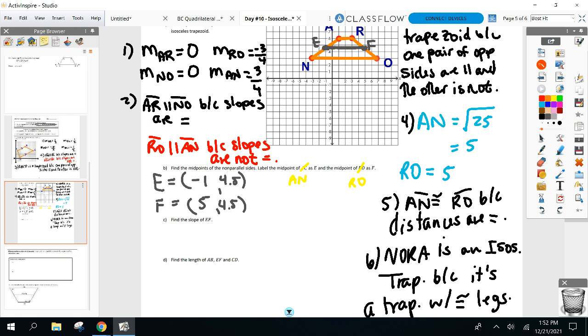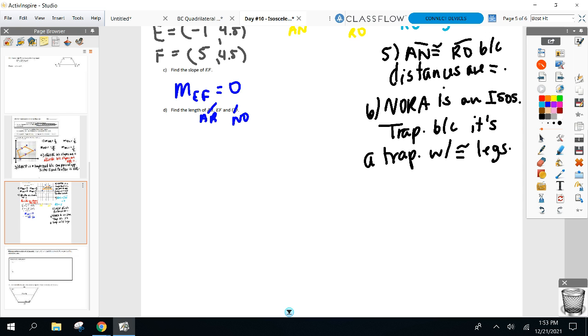What is the slope of that midsegment EF? Oh, 0. Okay, can you guys discuss quickly in your group, what's the length of AR, EF, and NO? Find those 3 lengths for me. It shouldn't be distance formula time, I hope not.